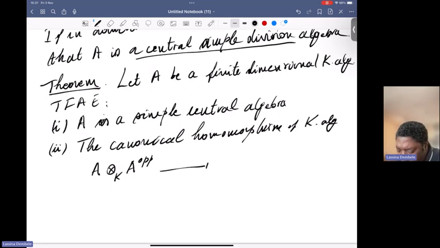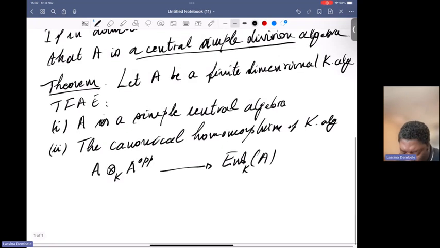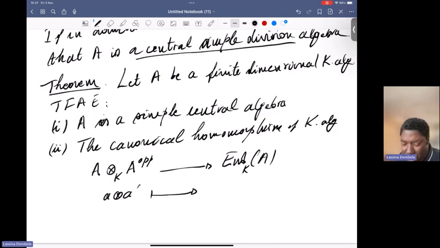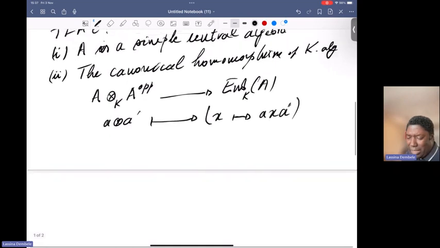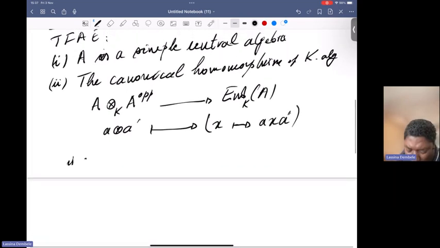So the canonical homomorphism that we're talking about is the following: you take the tensor of A with its opposite, and if you take any element, let's say a times a prime, there is a natural way to associate an endomorphism to it, by sending x to a times x times a prime. The second item says that this canonical homomorphism is an isomorphism.